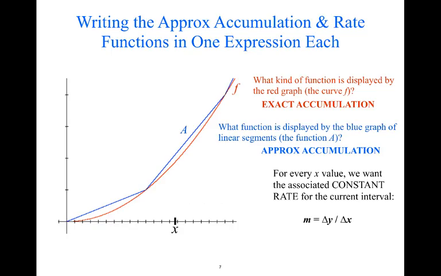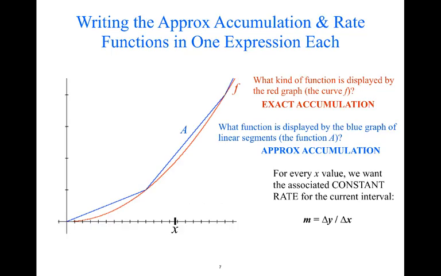All right, and so we're going to express the constant rate as change in y over change in x. Where are we going to get our y and x values to get that constant rate in that interval? They're going to come from f, right?